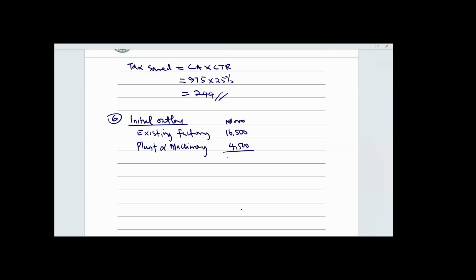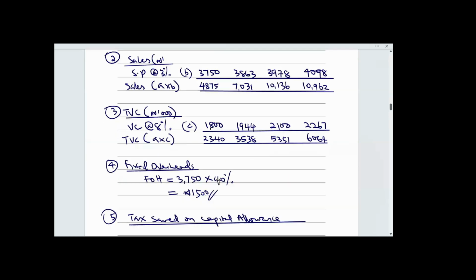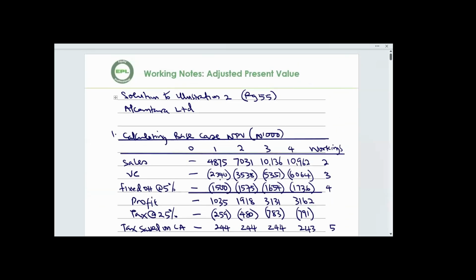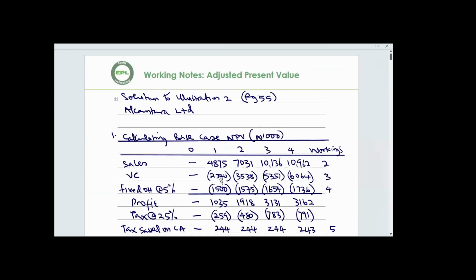When you add the two together, that's 21,000. So that's our initial outlay. So here will be 21,000. It's a cash outflow.